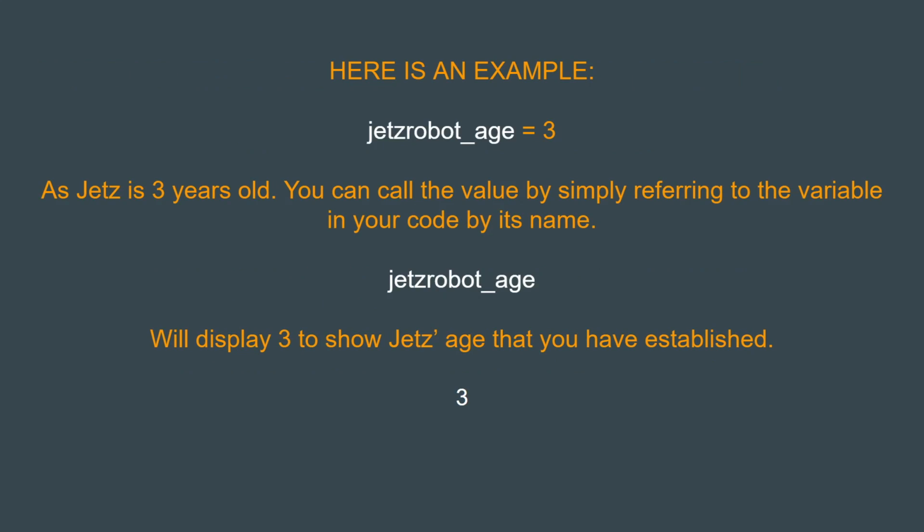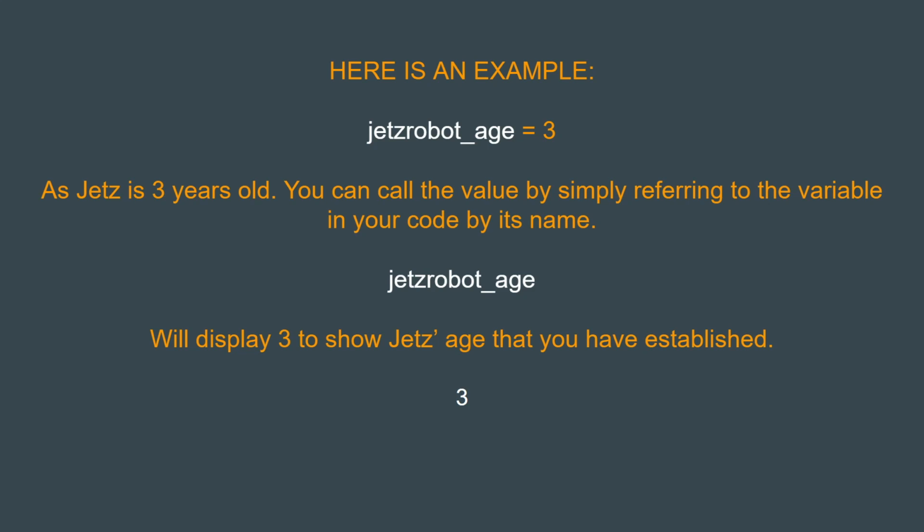So here's an example. So we have Jets_robot_age equals 3. So this basically declares that Jets is 3 years old. He's born in Hawaii 3 years ago. You can call the value by simply referring to the variable in your code by its name. So how do we get 3 back? We just go by the variable name here, and we enter this into our IDE or our programming platform.